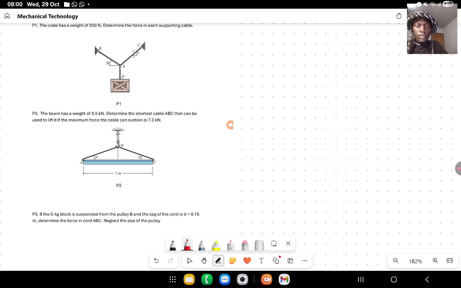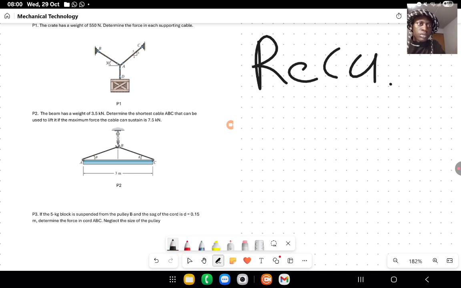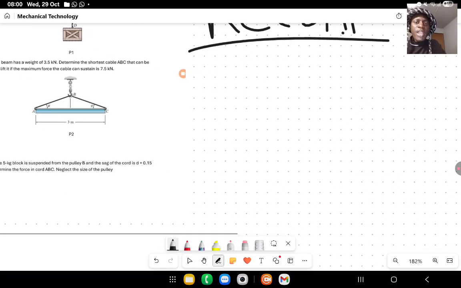Okay, now we are on recall. We talk about that when we have to calculate the equilibrium of particles, we must draw the free body diagram.